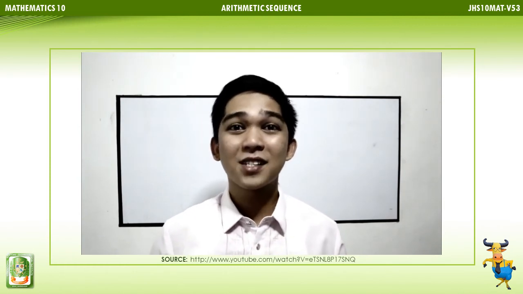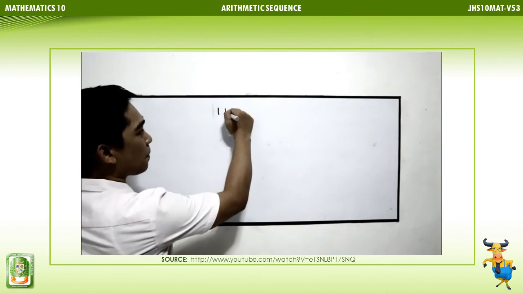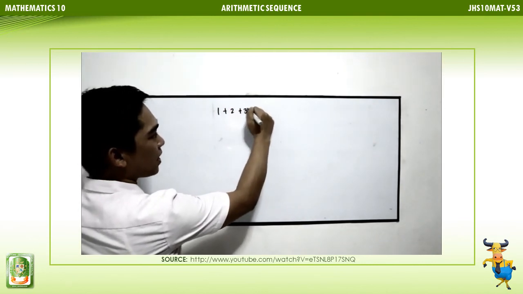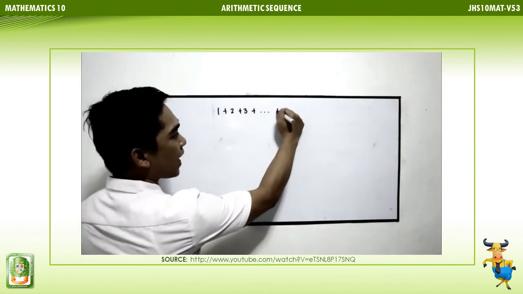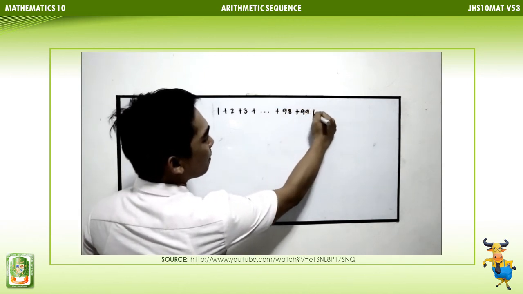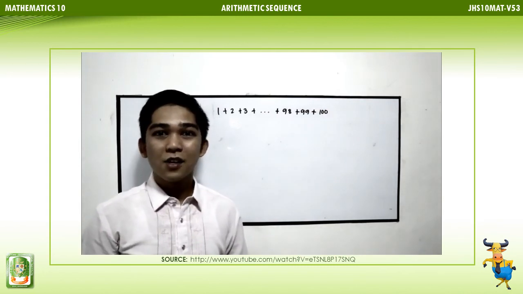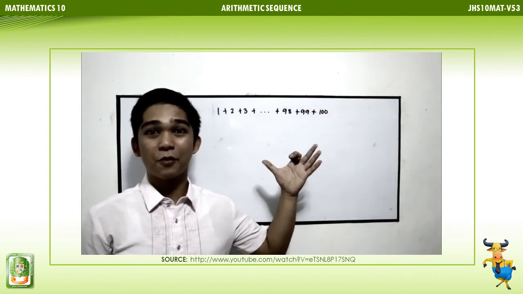Maybe you are familiar with this question: what is the sum of the first 100 counting numbers? That is 1 plus 2 plus 3 plus ellipsis, 98 plus 99 plus 100. Notice the problem: find the sum.